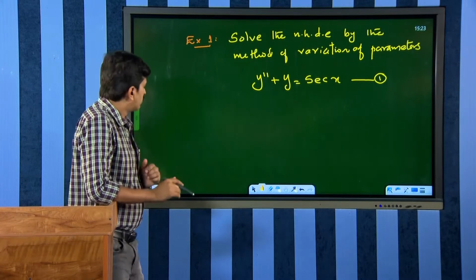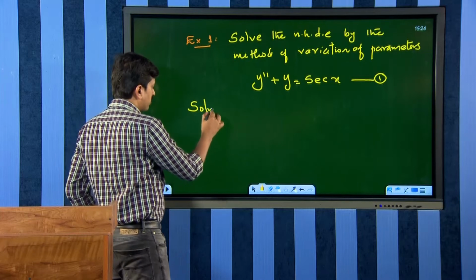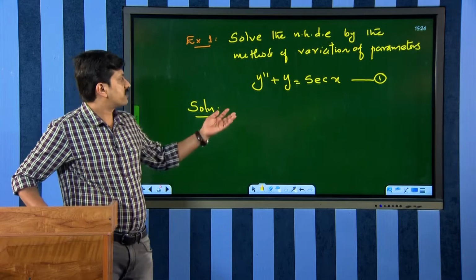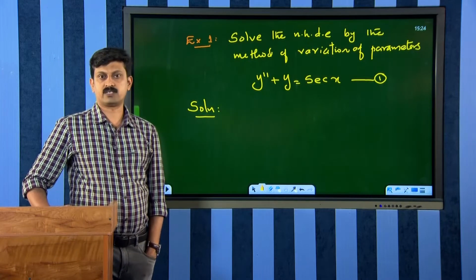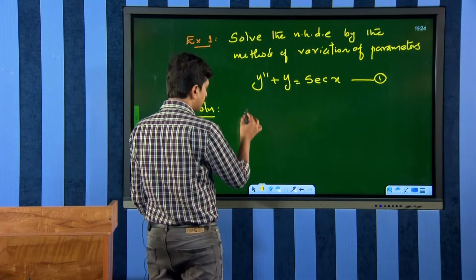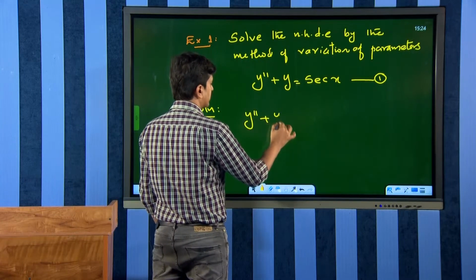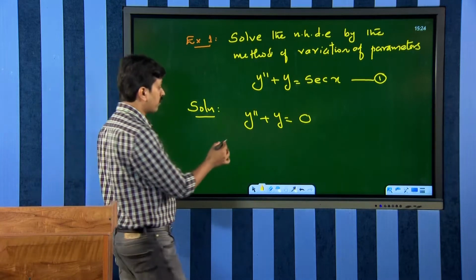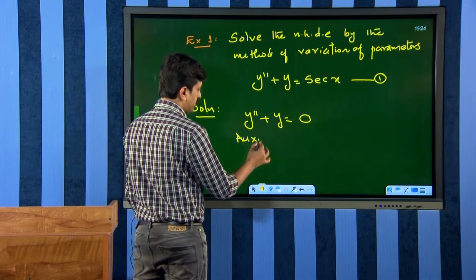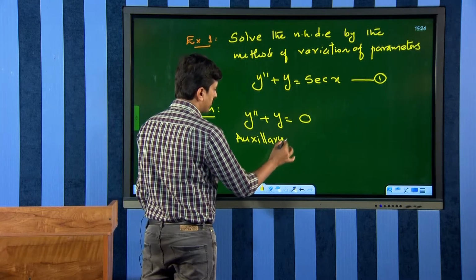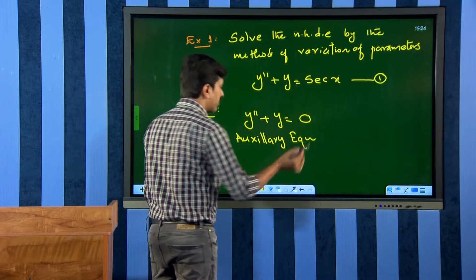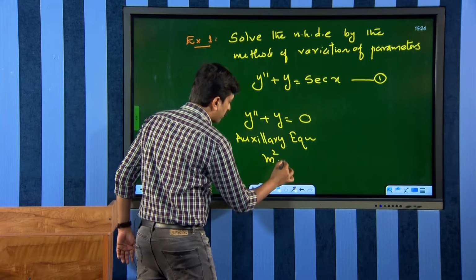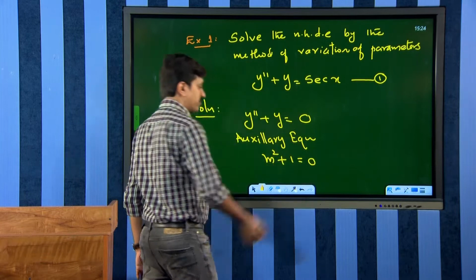Here we have to solve this equation by using the method of variation of parameters. Firstly, we consider the homogeneous part, y double dash plus y is equal to 0. The corresponding auxiliary equation is m square plus 1 is equal to 0.